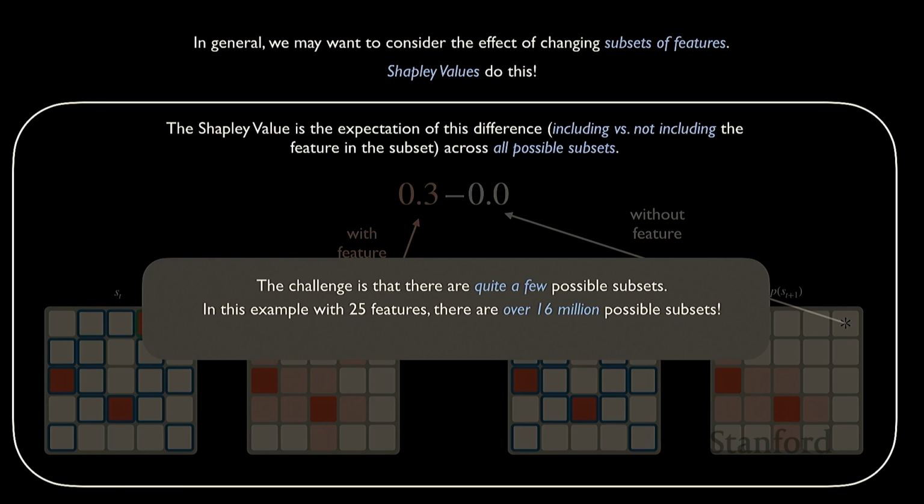So for every feature we want to compute the Shapley value of, we would have to try all 16 million subsets, randomly sampling a bunch of times to estimate the expectation, and so on, and this becomes intractable. In practice, people randomly sample a few different subsets, and it tends to provide a pretty reasonable estimate. So you can implement this by randomly sampling some of the subsets, and you don't need to go through all 16 million of them.